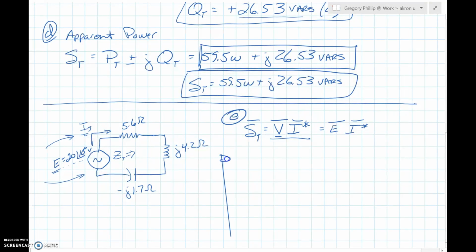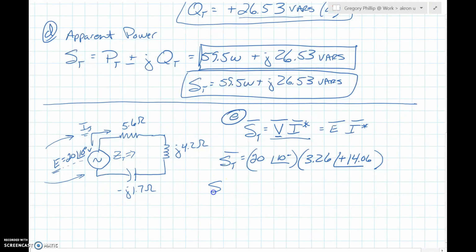So the total apparent power, ST, would be equal to 20 angle 10 times I, and our I was 3.26, and I'm going to conjugate the angle. It was negative 14.06 degrees. I'm going to make it positive.